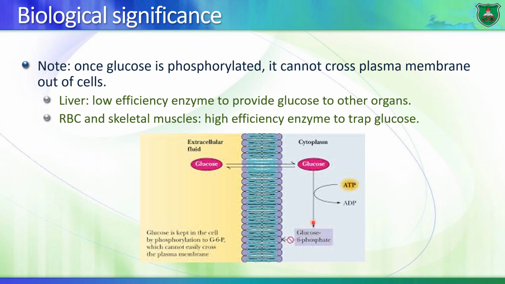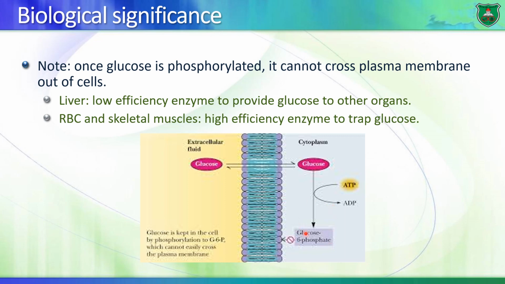Once glucose is phosphorylated, it cannot be transported outside, so it gets trapped. Now, liver has a way of converting glucose 6-phosphate to glucose, and then glucose can be sent outside of liver cells, but this system does not exist in other tissues.